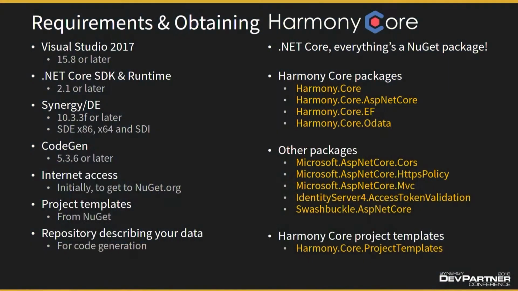We have various options in our code generation environment that turn on CORS support, turn on authentication and so on, turn on Swagger documentation, and depending on what options you choose, there may be other packages that you need. Our project templates have all of these references in place, so you can literally just create a new project and off you go.